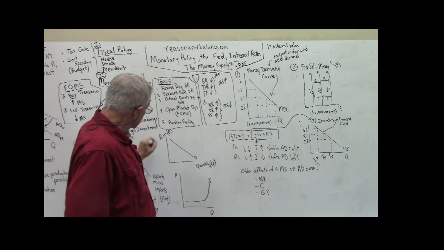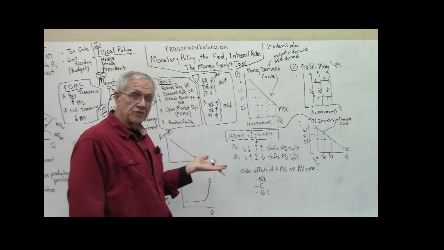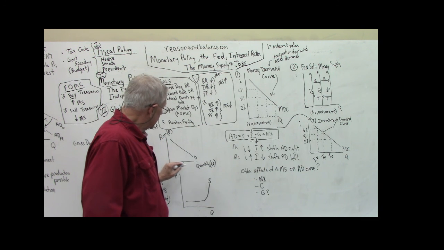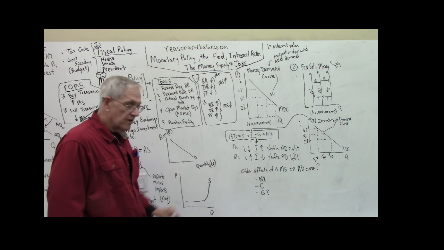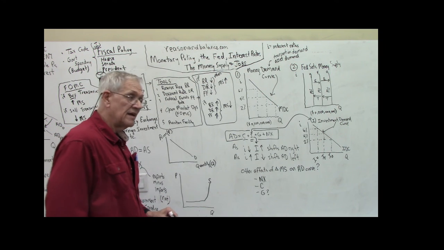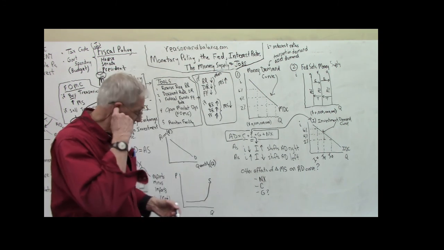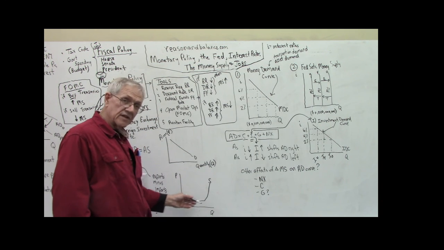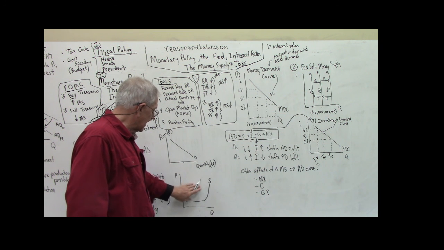Q is quantity, P is prices here. So this could be for socks, it could be for shoes, it could be for computers. As prices go down, there's more demand for it. On the supply side, normally as prices go up, producers want to produce more because they can probably make more profit. And as prices go down, they want to produce less. So technically a supply curve goes like that too.